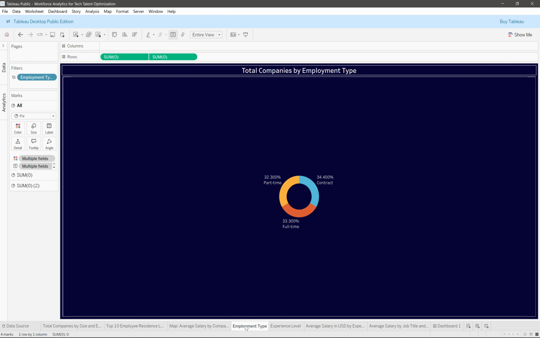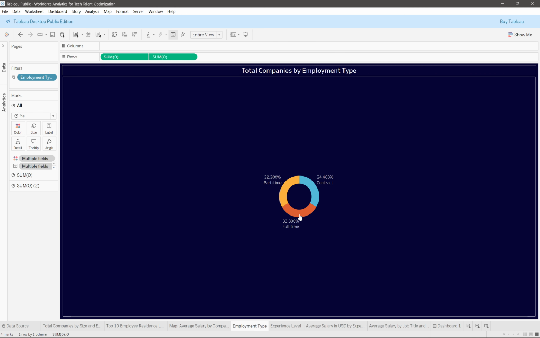Let's dive into how companies distribute across employment types: full-time, contract, and freelance. Smaller companies often rely more on contractors for flexibility. Larger companies typically prefer full-time structures, with contractors filling temporary or specific needs.